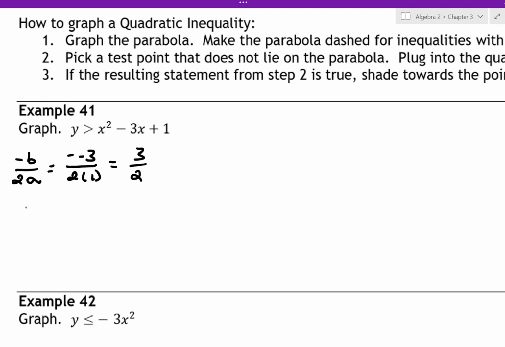So our vertex starts off at 3 halves. The other half of our vertex, I'm going to have to plug back in 3 halves. So I'm going to say f of 3 halves. And I'm going to get a calculator and just type that all in together. So I'm going to have parenthesis 3 halves, parenthesis 3 halves squared.